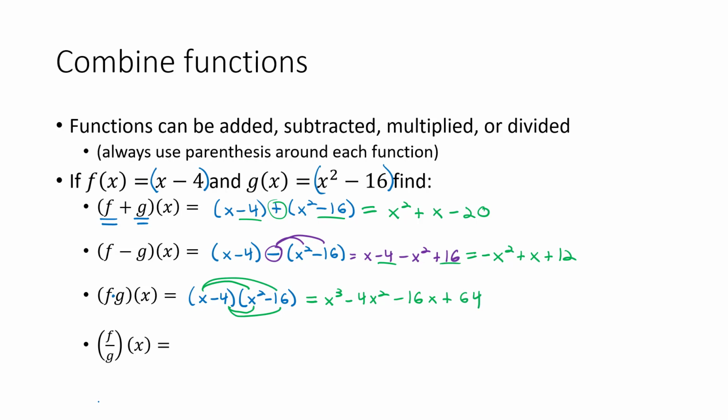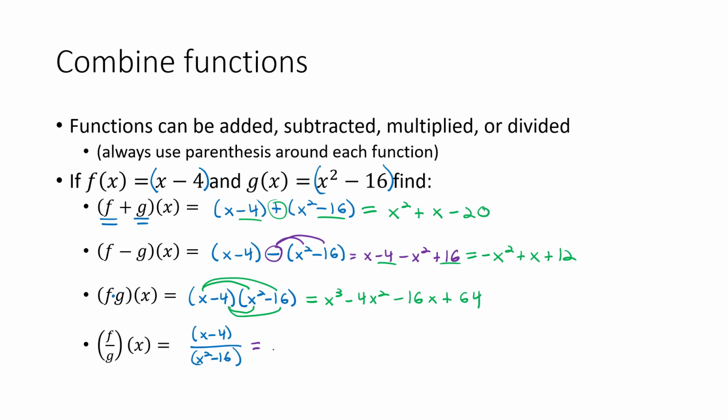So you get the idea. We just basically replace each function with what it represents. F over g of x means we take the f of x, which is x minus 4, and put it over the g of x, which is x squared minus 16. Now we have to be careful when we reduce fractions. We can't just cross things off on fractions. That's not allowed.